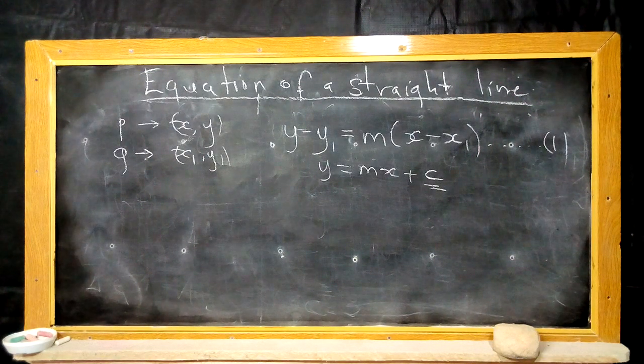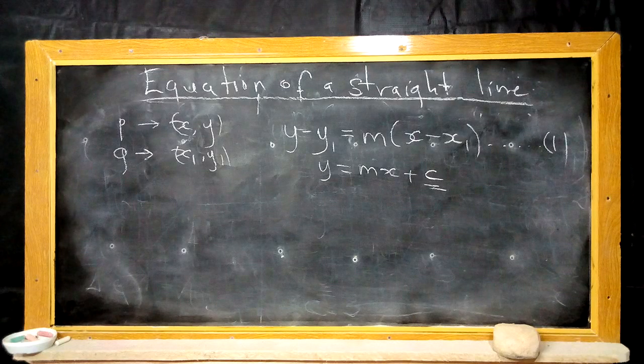So in that case, the gradient on that line, at any two specific points chosen, is just going to be the same.